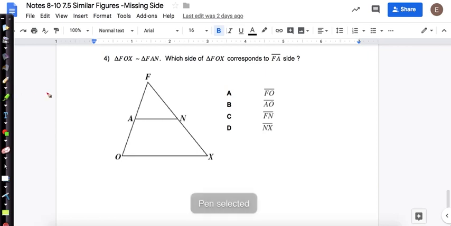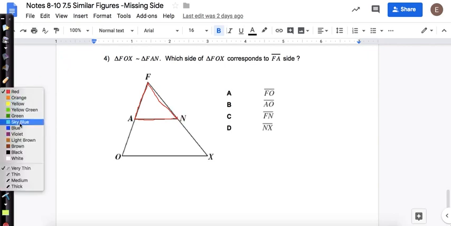Okay, and the last one. If triangle FOX is similar to triangle FAN, which side of triangle FOX corresponds to side FA? Now, you can do this one of two ways. If you can picture this, this is the smaller triangle.